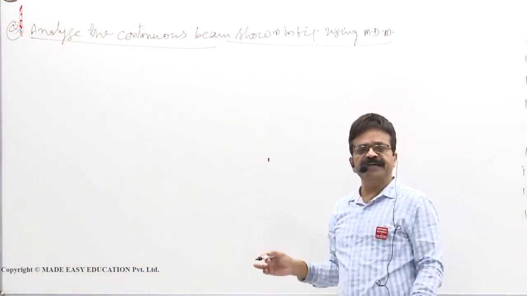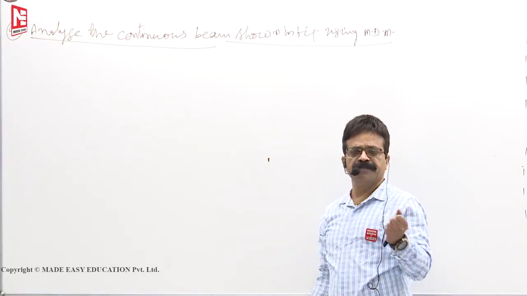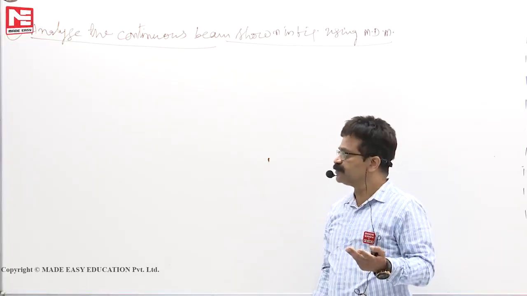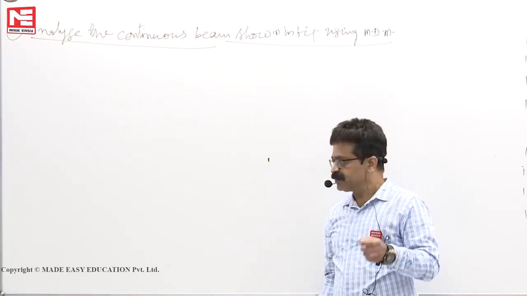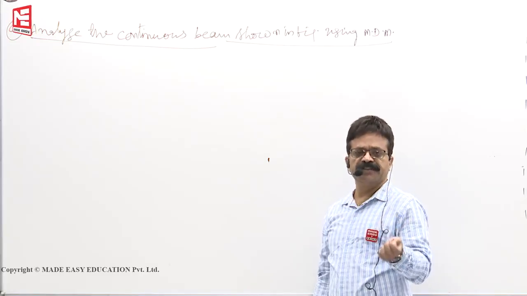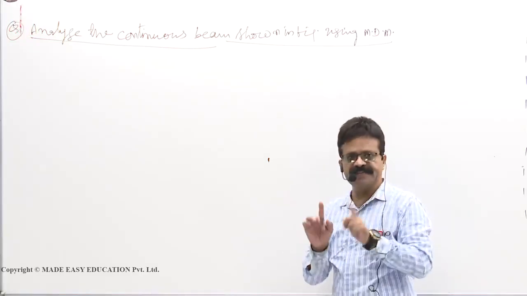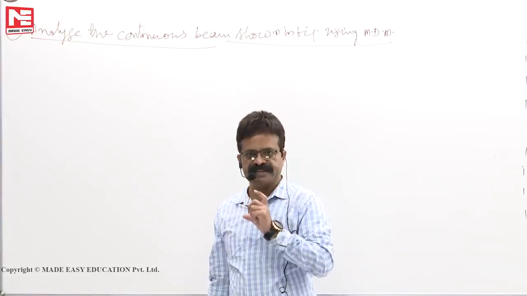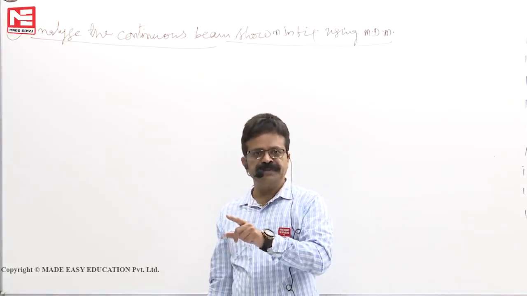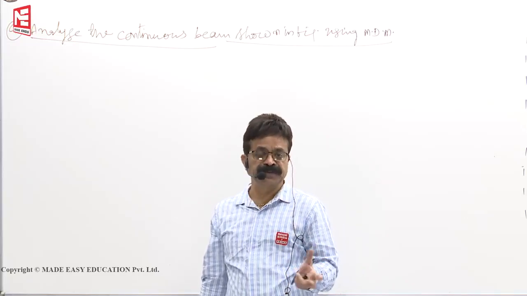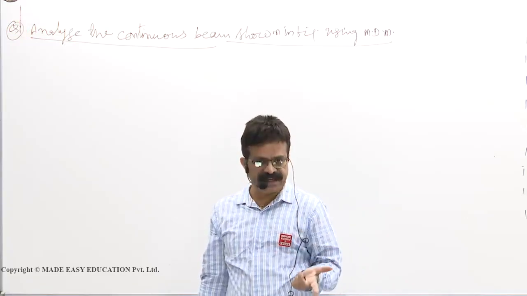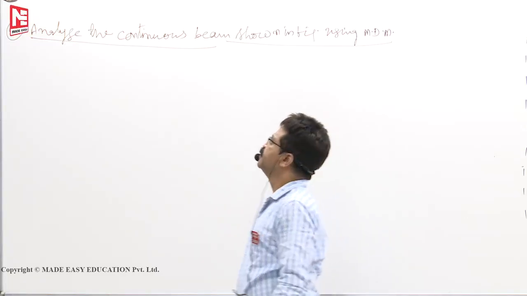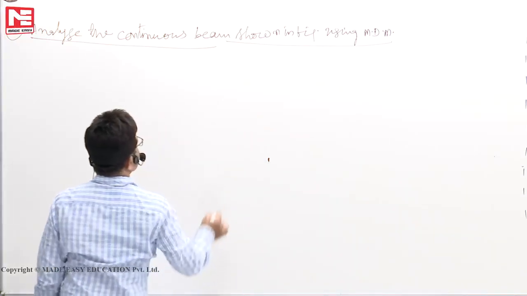Analysis means finding axial force, shear force and bending moment. Design means you are given the shear force and bending moment, and you will fix the size of the beam. Fixing the size of the beam is called design. Once the size of the beam is known, finding what the shear force and bending moment are is the analysis. Okay.